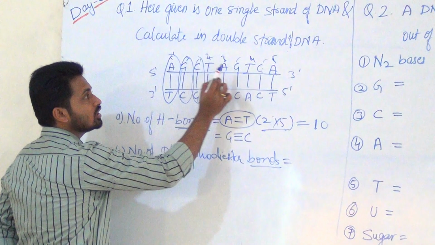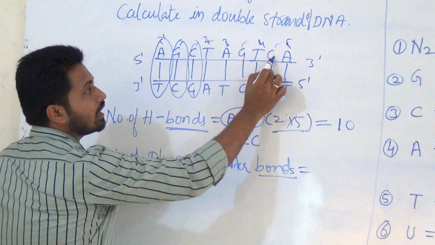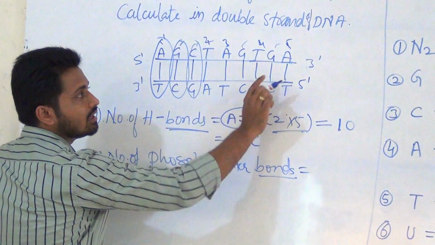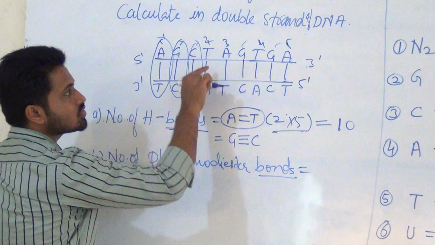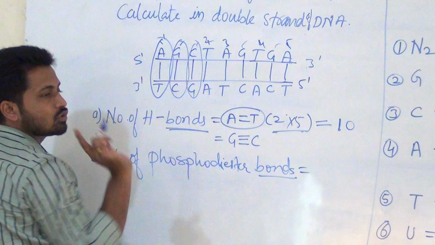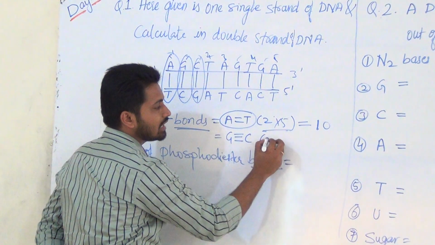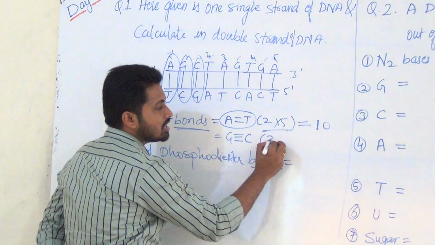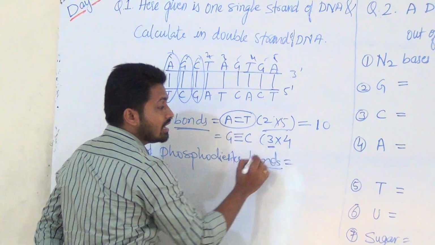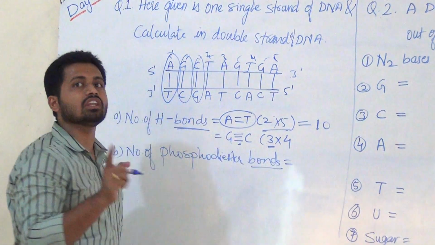That is guanine, cytosine, guanine, and guanine. Here opposite will be guanine, cytosine, guanine, cytosine, cytosine, guanine, guanine, cytosine, like that. So totally 4 base pairs are there. Again you have to calculate simply, like here 3 into 4. What is 3? Number of hydrogen bonds between guanine and cytosine.